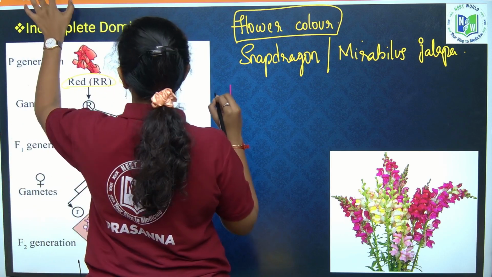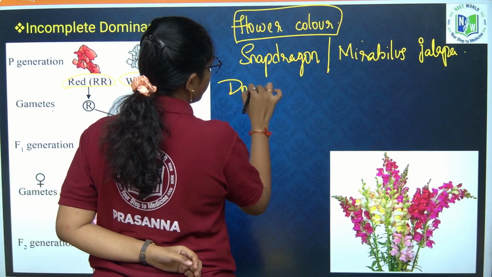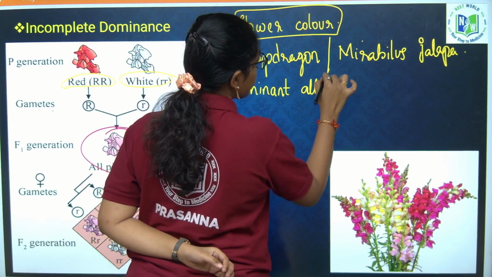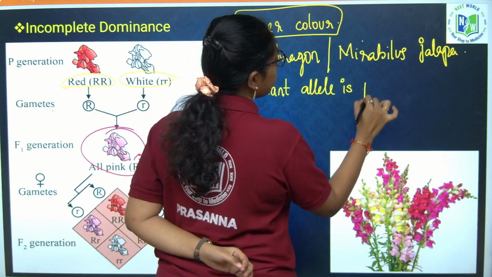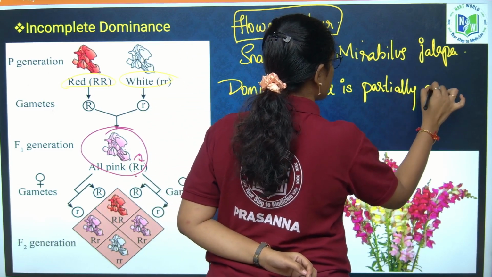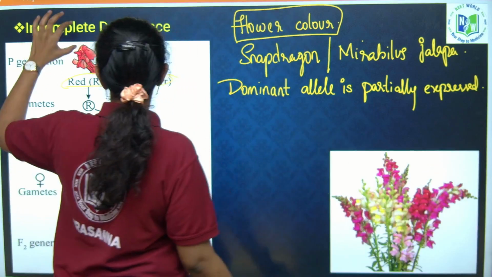The dominant allele is partially expressed. That is the reason we call it what?